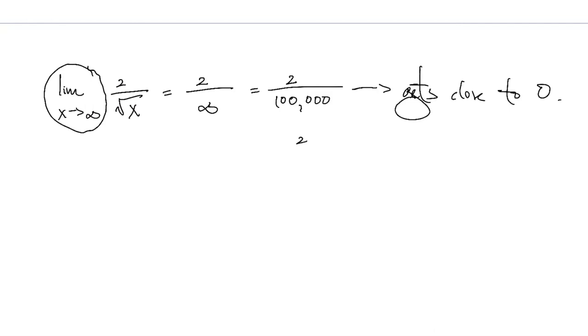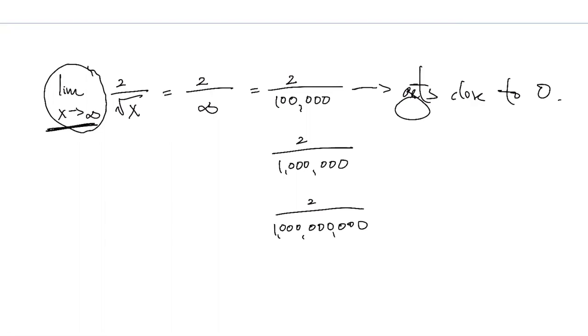Like if I did 2 over 1 million, does that get closer to a y value of 0? You know, if you do that on your calculator, you should get a number that's even closer to 0. And if you keep putting in larger and larger values of x, like 2 over 1 billion, you're going to get even closer to 0.